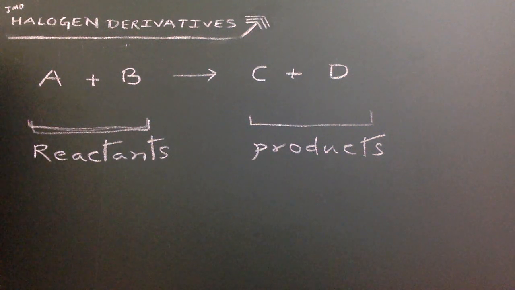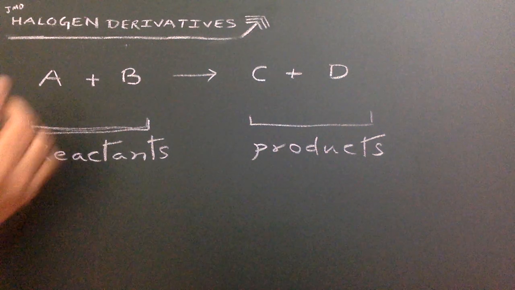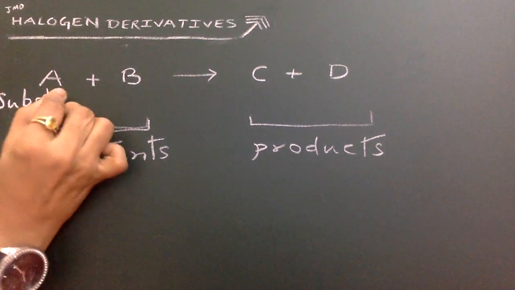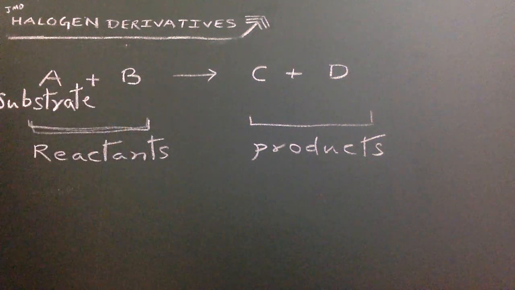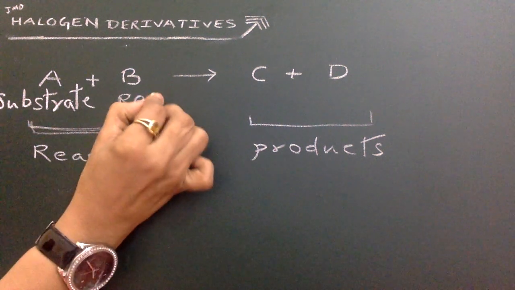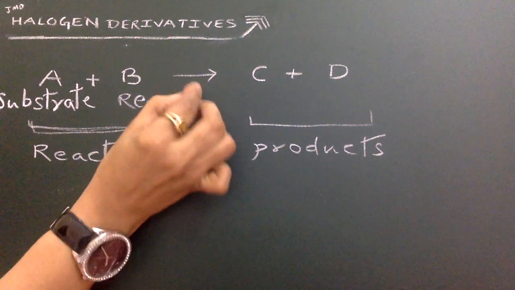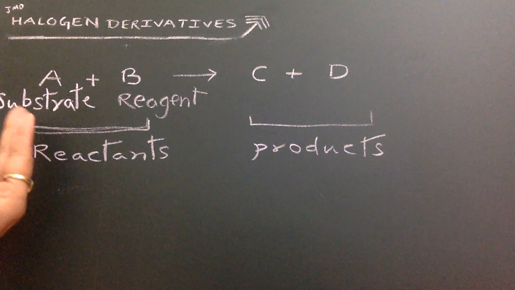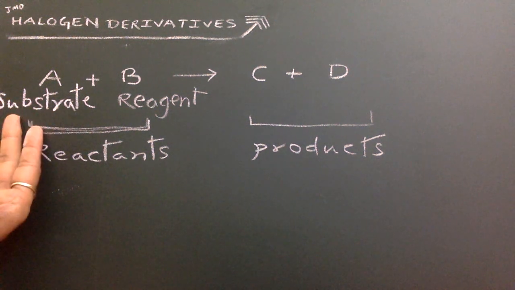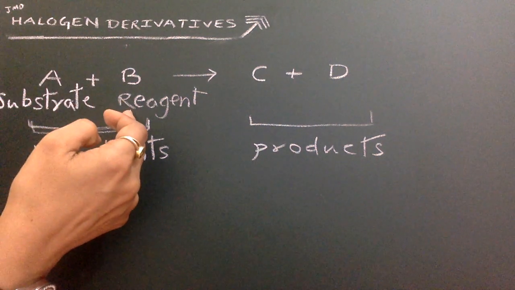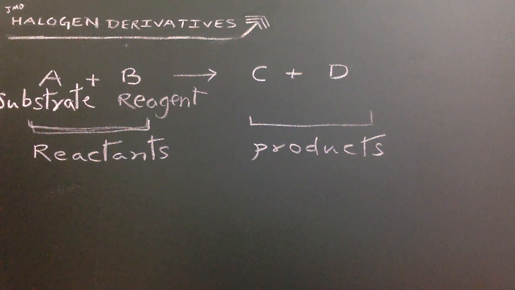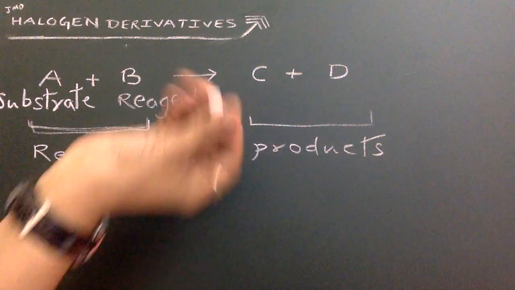Now in the lecture I'll be using the term substrate for the reactant A, that is the main reactant, and I'll be calling B a reagent. That is, there are two reactants. The first one is the substrate, which is the alkyl chain or the aryl chain with the functional group, and the other is the reagent, which is actually the attacking molecule which will help to carry out the reaction.